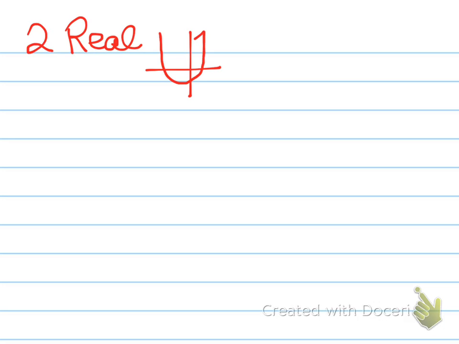So, if there are two real solutions, then that means when I graph my quadratic, it's going to cut through twice. Right here and right here. Two real solutions. I can see them. You could also have it opening down, but still cutting through the x-axis 2 times.